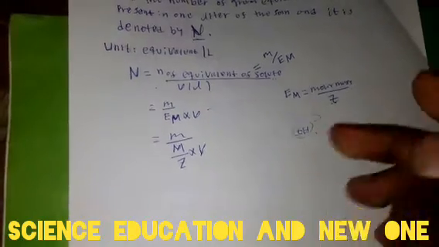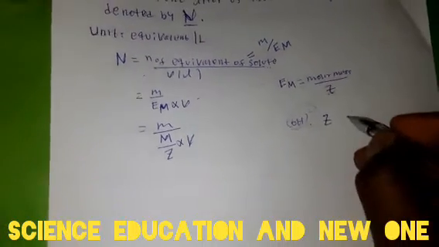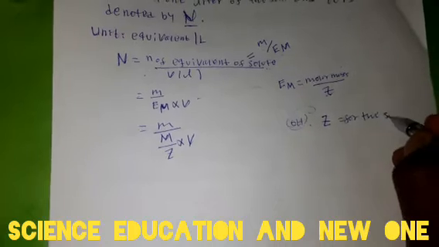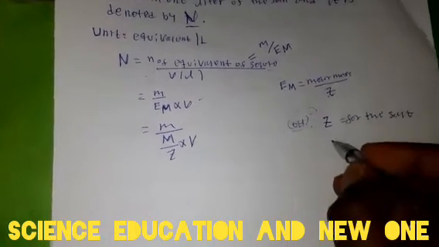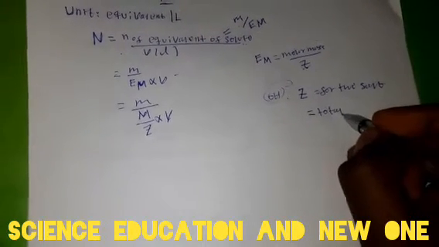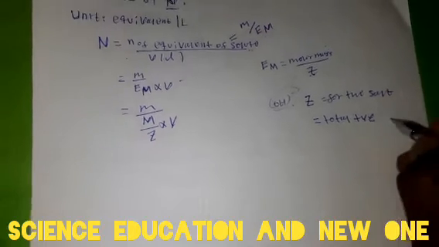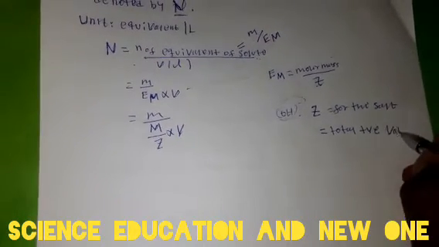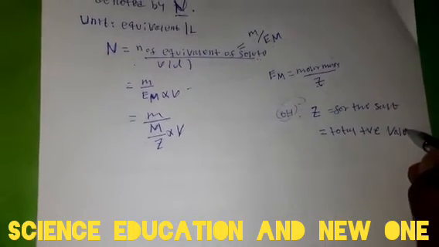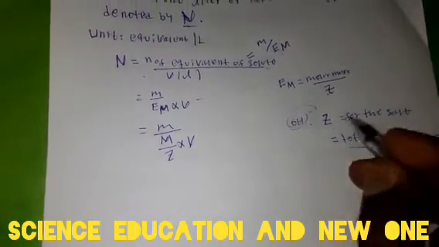For the salt, Z is equivalent to what? Total positive valence. Z for the salt is the total positive valence.